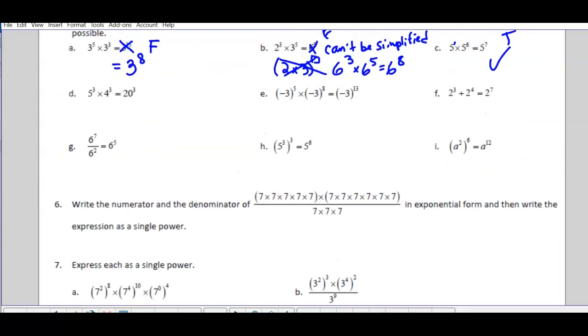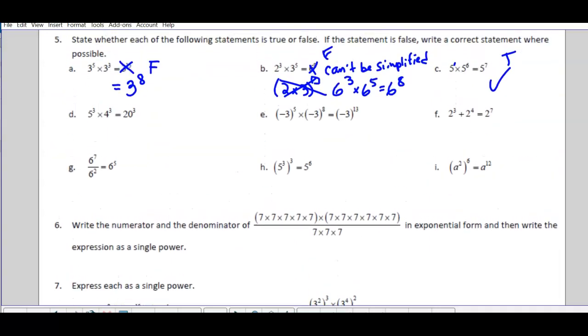So next one, kind of like this. This one, they multiplied 2 times 3 to get 6, but it didn't work with that exponent. So 5 times 4 is 20, but now the exponent hasn't changed. If we look closely, this is kind of like working backwards from that power of a product. 5 cubed times 4 cubed.